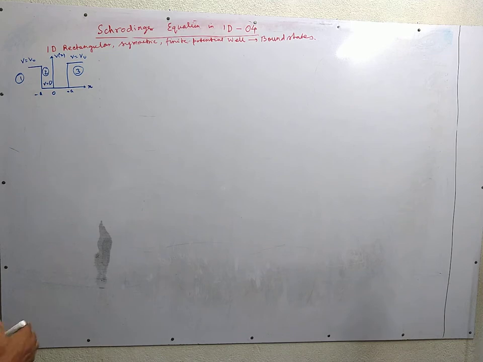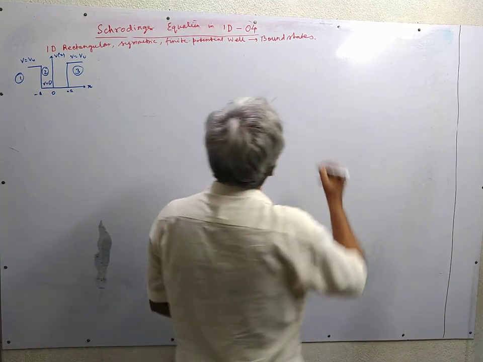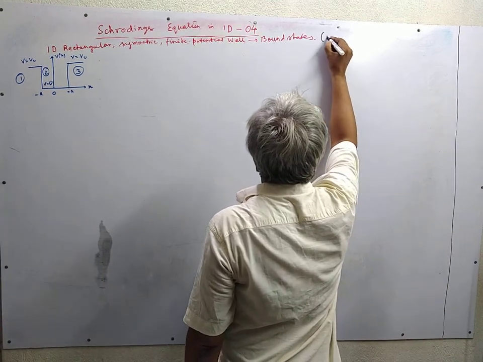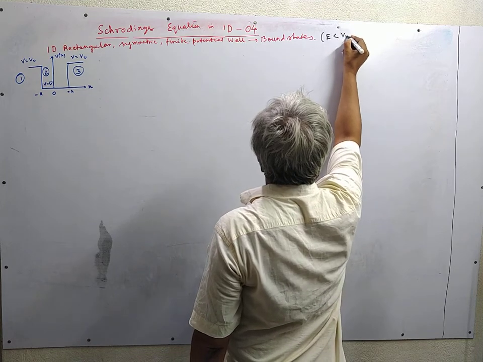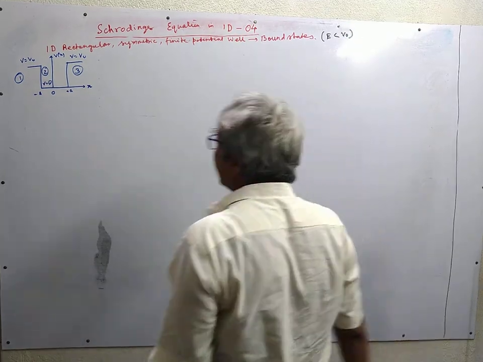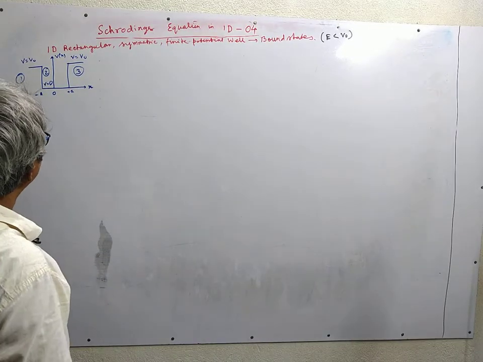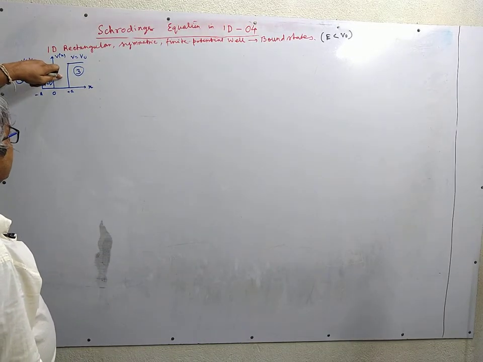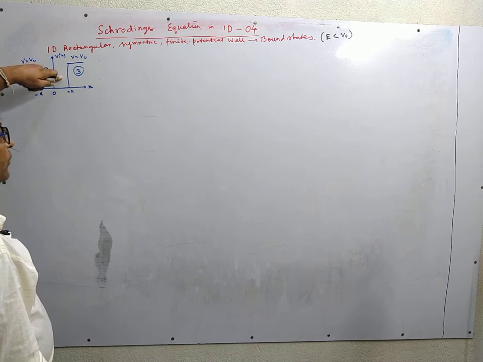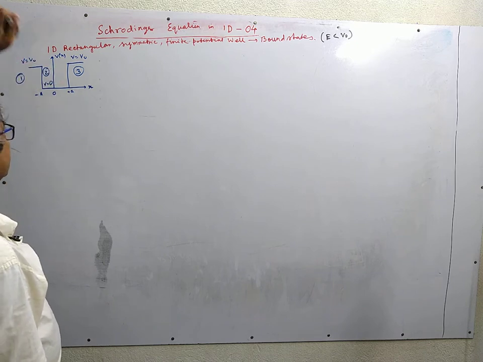Since we are considering the bound state problem, the energy of the particle is E less than V0. We initialize the system: a quantum particle of mass m is originally residing within the well with energy E less than V0.